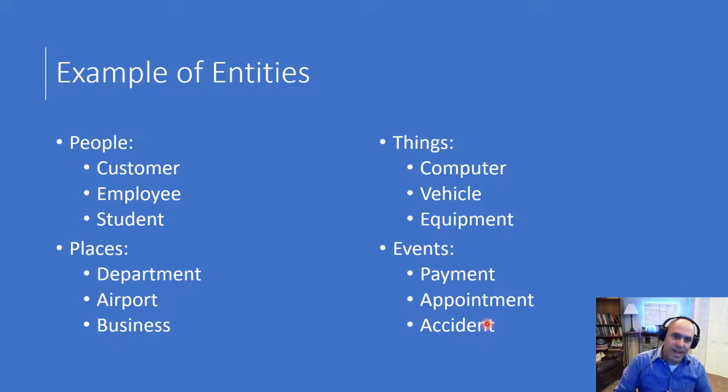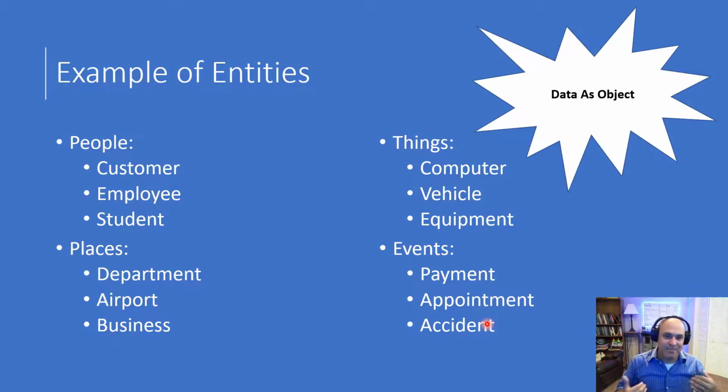All of these are examples of entities, and they're all examples of data as an object, right? Because each of these things has some kind of attributes. If your thing that you're considering to be an entity does not have any attributes, then it's not an entity. It needs to have attributes.